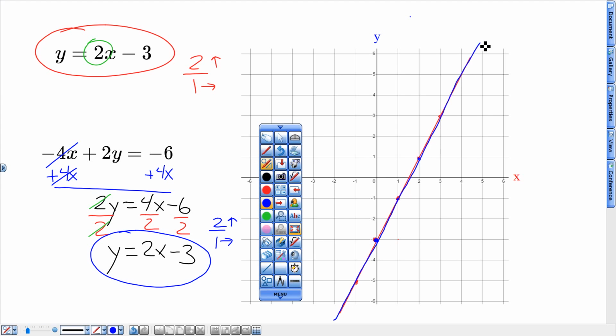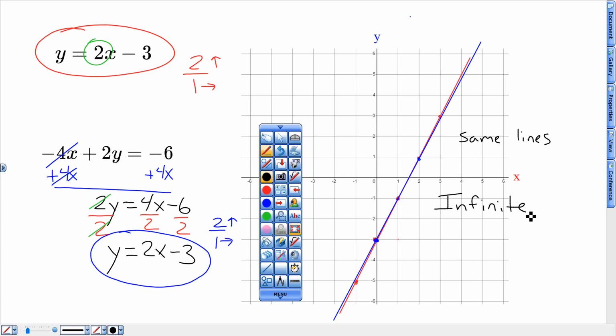Show me some indication that there's double lines there. And then of course this is the same line here. So that's always infinite solutions. Or many, they sometimes say many solutions.